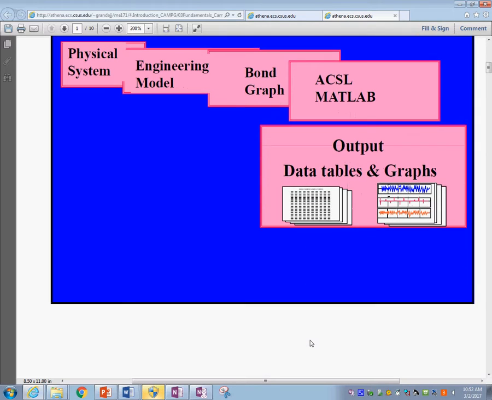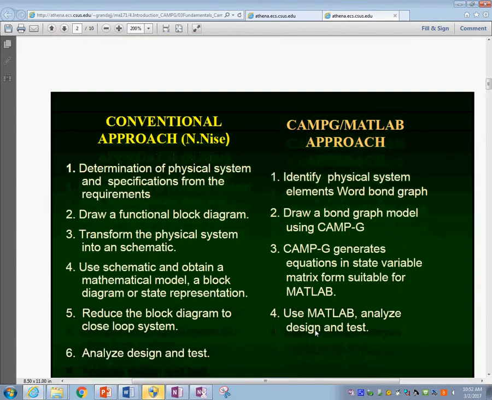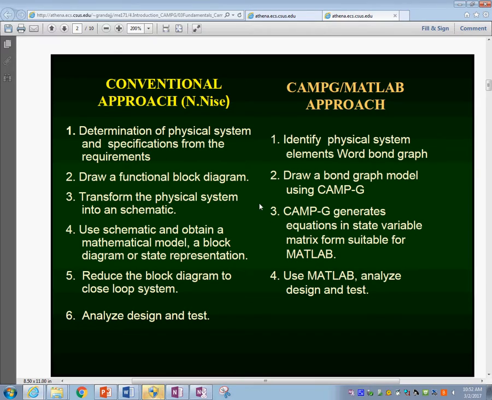So in here we have the steps that we normally use to model something.